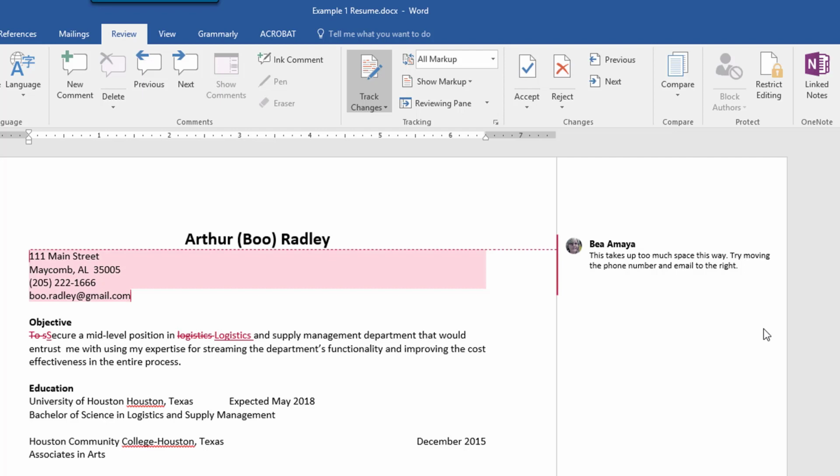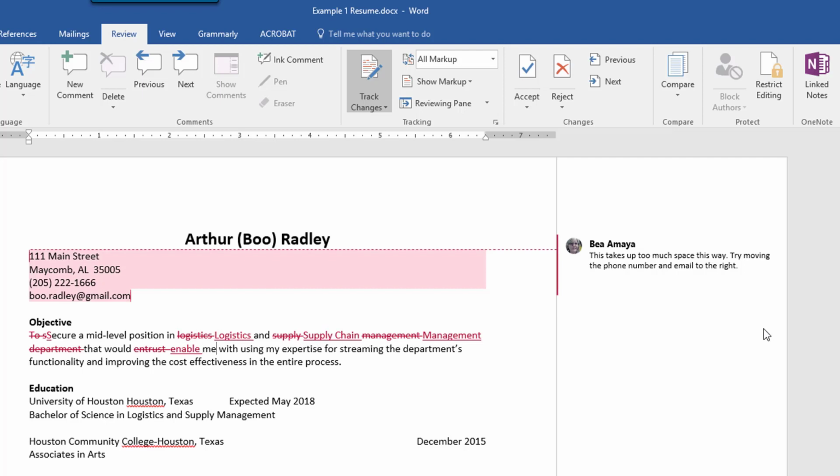So we'll do logistics and supply chain management, and then we don't need "department," so I'll delete that. Secure a mid-level position in logistics and supply chain management. "That would entrust me" is not the right verb. Entrust is something a person does, not a position. But holding the position maybe would enable him. So how about let's do "enable me."